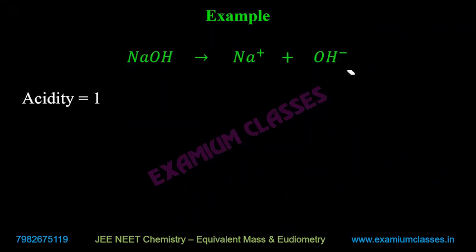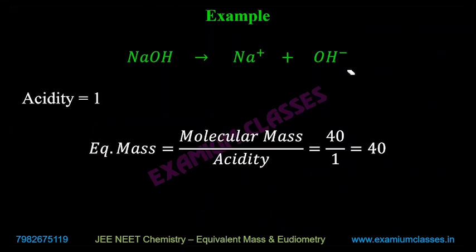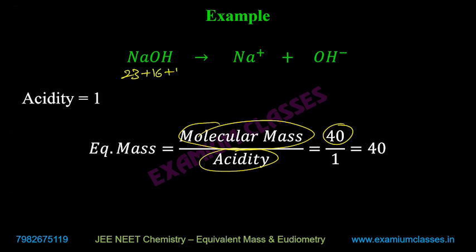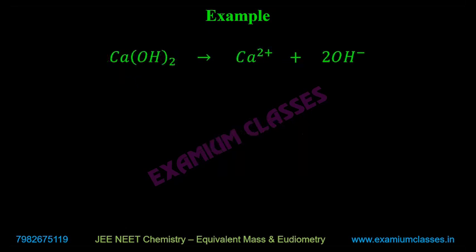Acidity is 1, and we apply the formula. Equivalent mass equals molecular mass divided by acidity. Molecular mass is 40, that is 23 plus 16 plus 1, divided by 1. So equivalent mass and molecular mass are the same. Now calcium hydroxide gives you 2 hydroxyl ions.